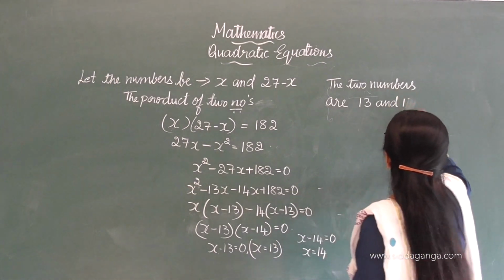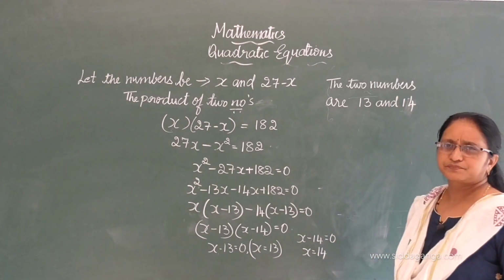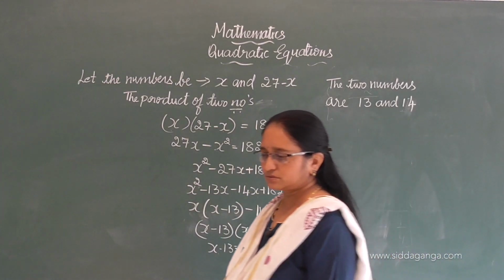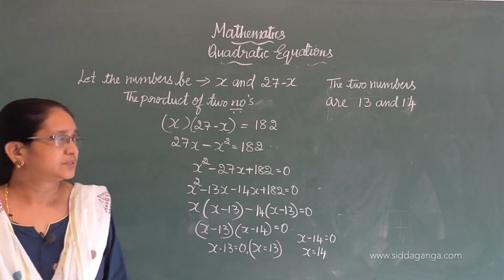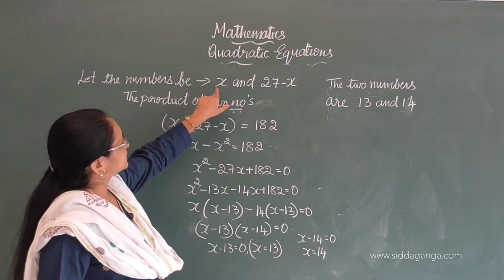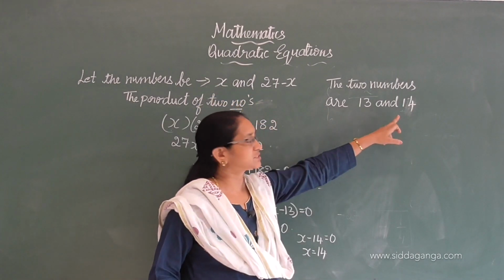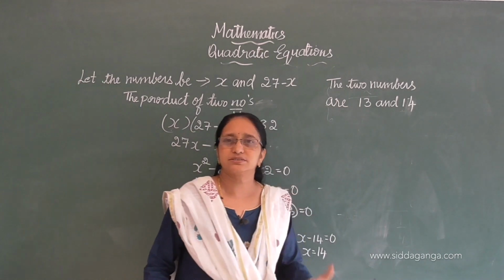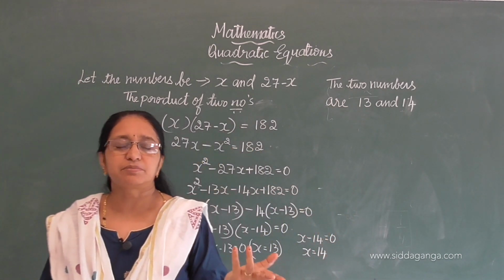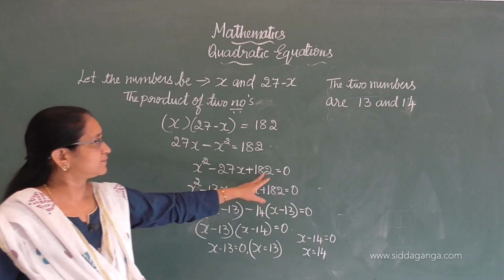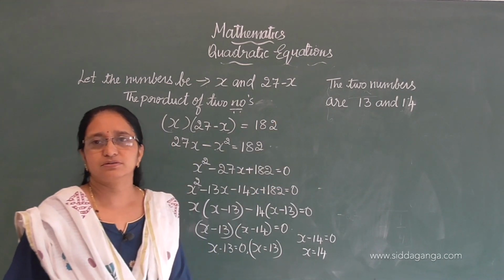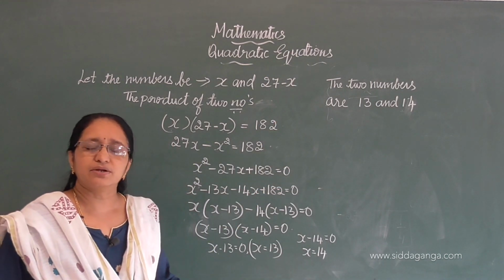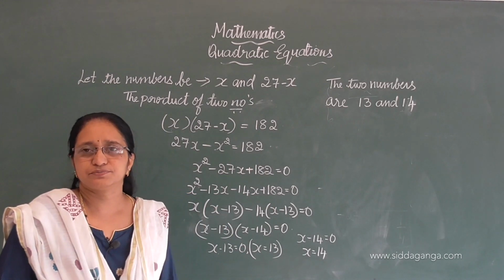So you can do verification, 13 and 14. See here, the sum of the numbers is 27. The question is given, the sum of the numbers is 27, just check 13 plus 14 is 27 and the product is 182. See, multiply and find out your answer. Yes, you can do verification also, okay.